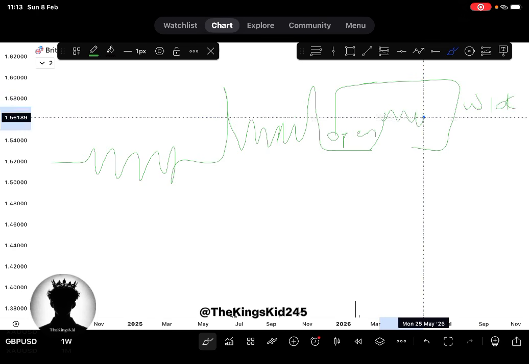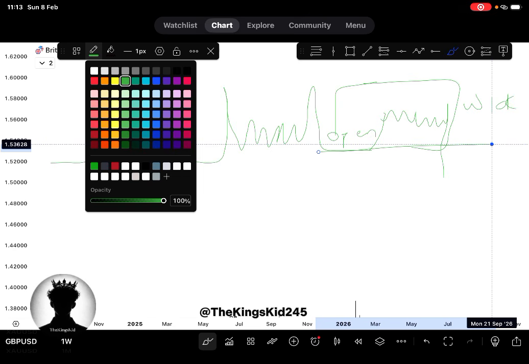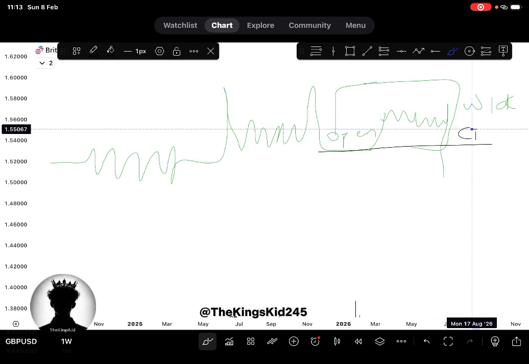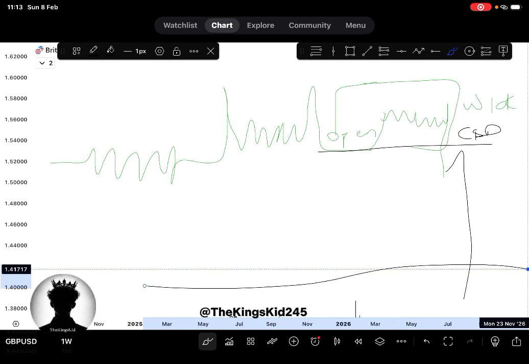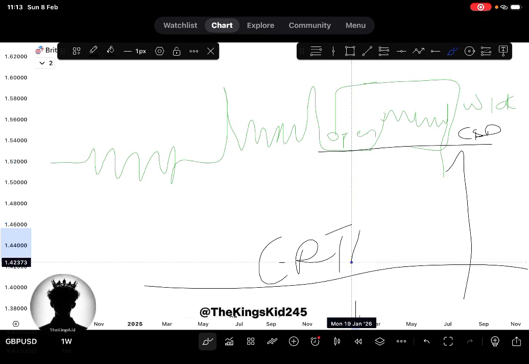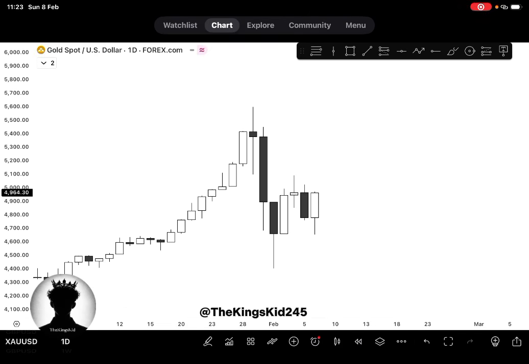Make all the nonsense it wants to do, it should do it. Then the moment it goes down here and bridges, I have a CSD. This is where I'm looking to trade from until CRT low target is hit. You will not go wrong trading this. You will not.